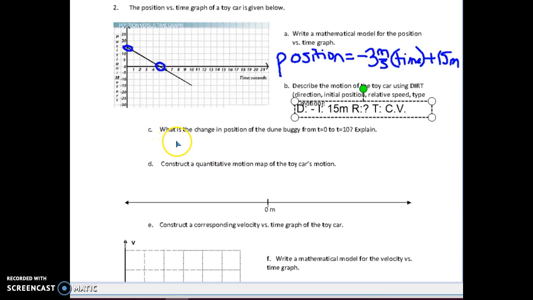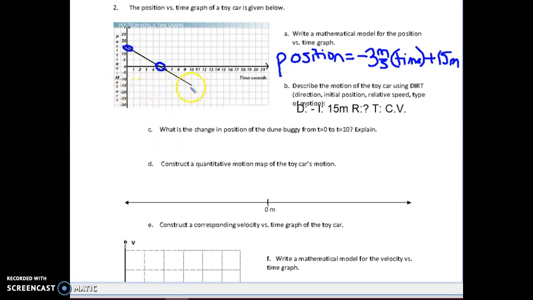All right, next up it says, what is the change in position of the dune buggy from time 0 to time 10 seconds? How can I figure that out? There are different ways that you can solve this, but what I'm going to do is look at my final position at time 10 seconds and then subtract my initial position at time 0.